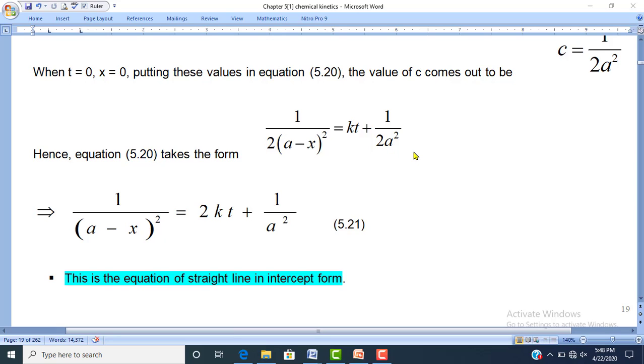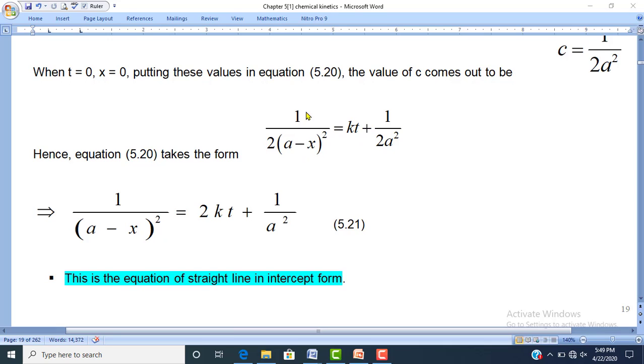Now this equation can be written as follows. We will multiply both sides of this equation with 2. When we multiply this equation with 2, then this 2 and this 2 will be cancelled out, and here kt will be multiplied with 2.